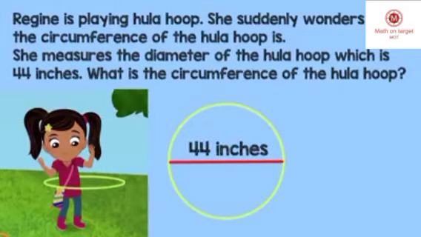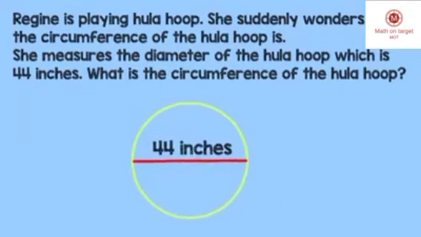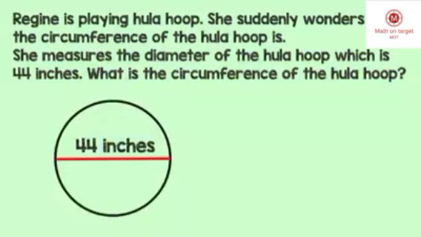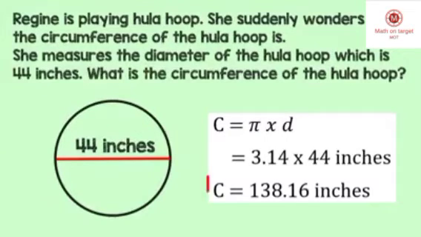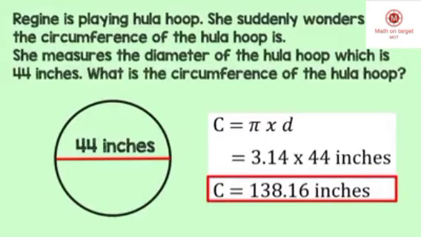It is stated that the diameter of the hula hoop is 44 inches. Using that diameter, we can now find the circumference of the hula hoop. Therefore, the circumference of the hula hoop is 138.16 inches. Good job, you helped Regine in finding the circumference of her hula hoop.